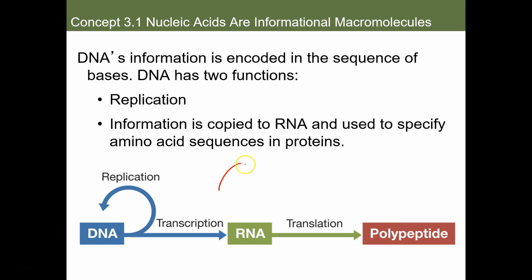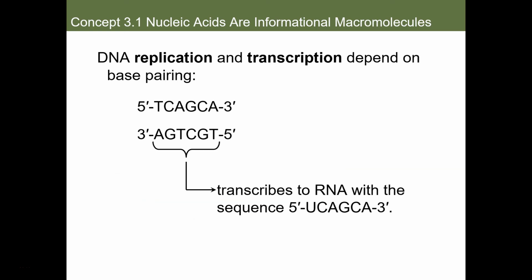This whole process is called the central dogma. It's one of the most important biological chemical processes that we will ever talk about in AP Biology, in any biology class whatsoever.